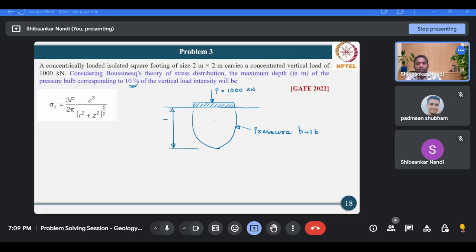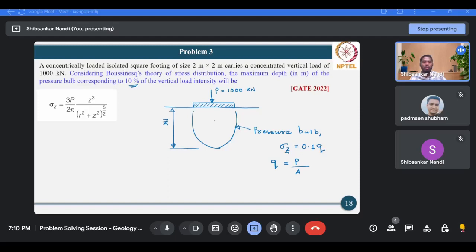Here your sigma z is 0.1 times q. What is q? q is the vertical load intensity, P by A. P is the concentrated vertical load, and A is the cross-sectional area of the footing.